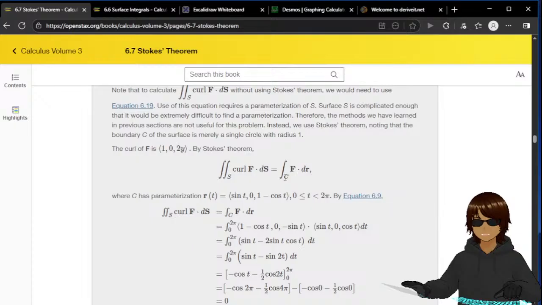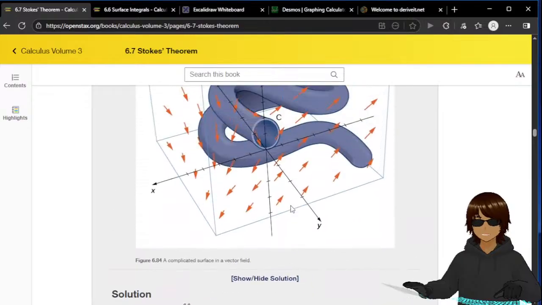And then they did the integral of f dot dr. r(t) is sine t, 0, 1 minus cos t. Curl of f is this. You have sine t, 0, 1 wait, what? Shouldn't it be 1 minus cos t? How did they get r(t) in the first place?